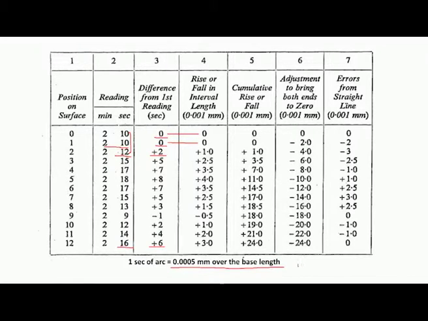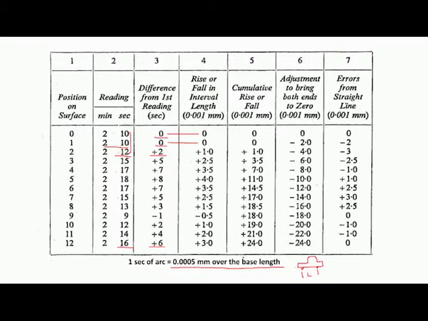That is, if the reflector is like this, we will have the 2 feet like this. This is the base length L, which can be some 100 millimeter or 120 millimeter. So, 1 second of arc is equal to 0.0005 millimeter in this case study.